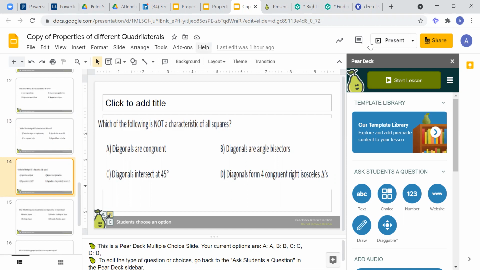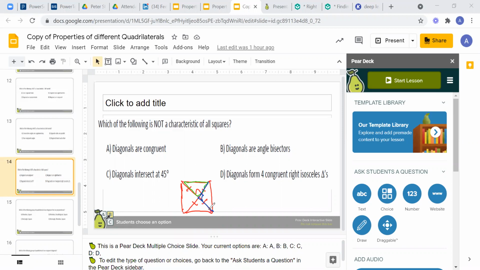Let me draw that, if we have a square this way. Diagonal, diagonal. If this is a right angle, these are the same. So the first triangle here is an isosceles right triangle. This is an isosceles right triangle.